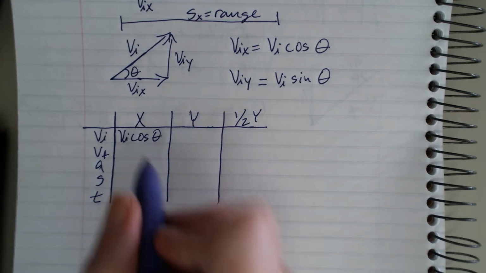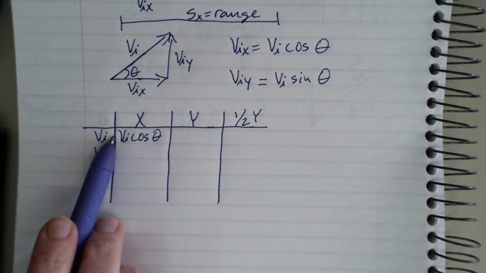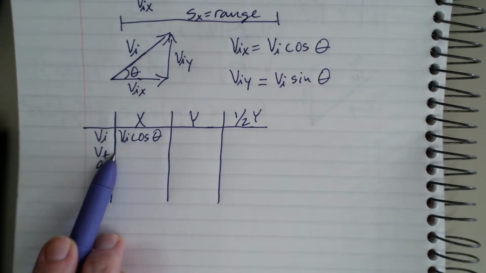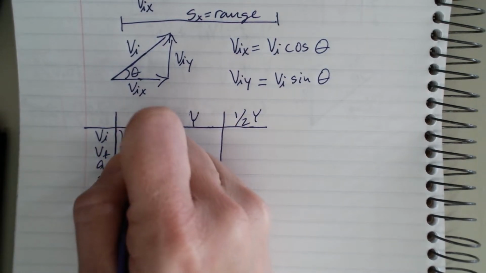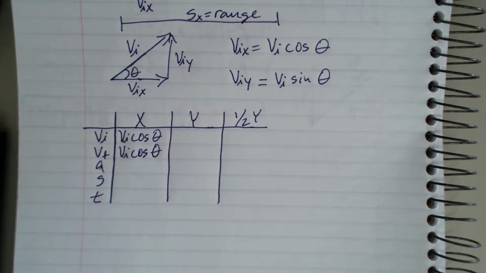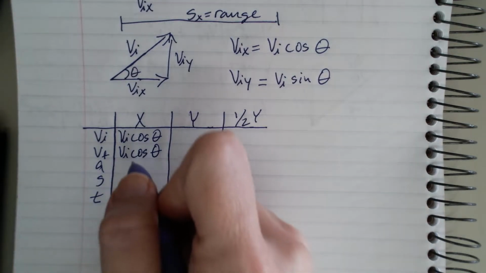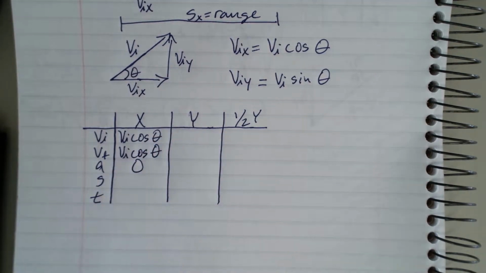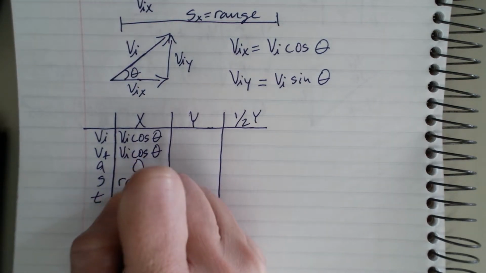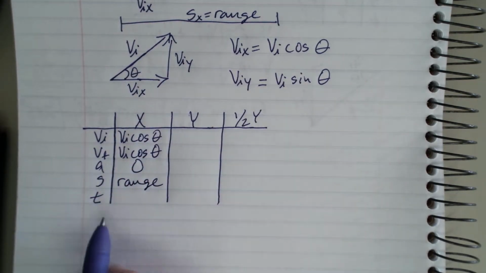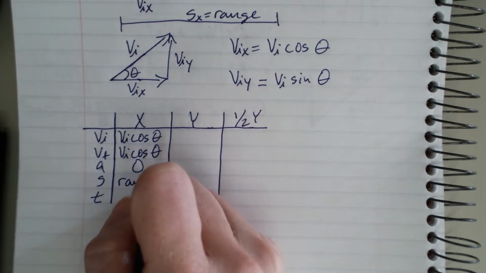And I'll show you an example in just a minute. But your VI and your VF in the X are going to be the same. So that's also VI cosine theta. You're not accelerating in the x, so your a in the x is 0. Your s in the x will be your range. Your t is, I'm just going to call it t for right now.